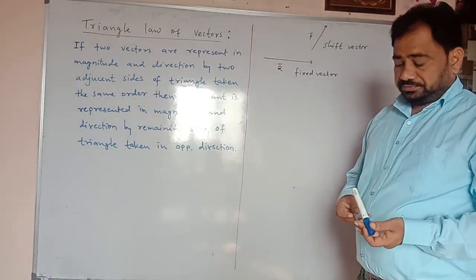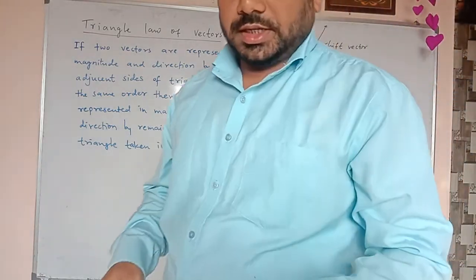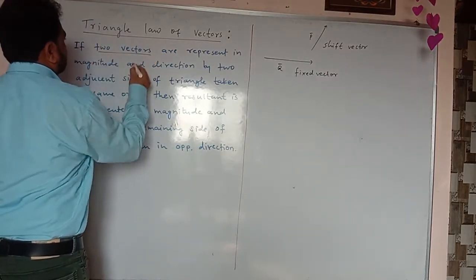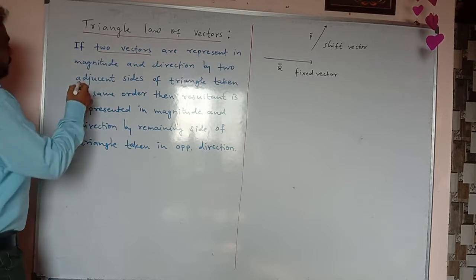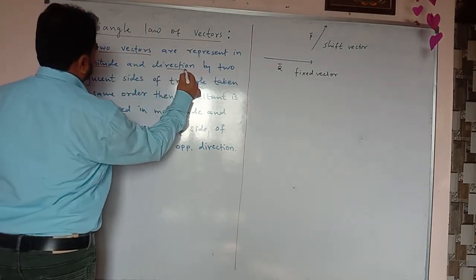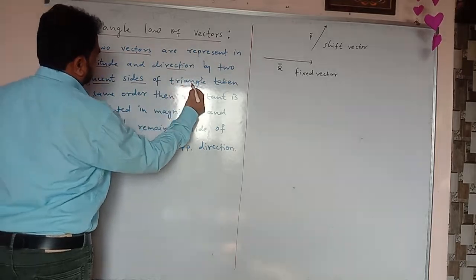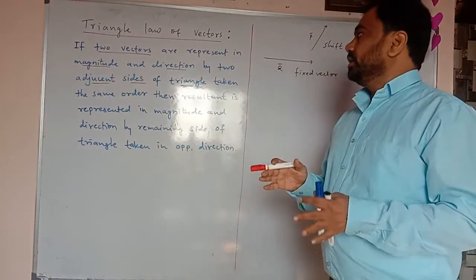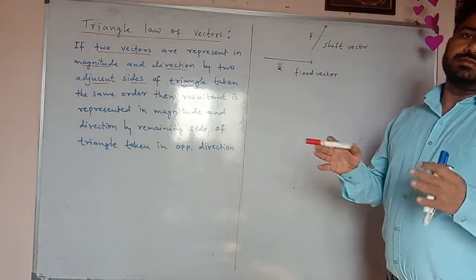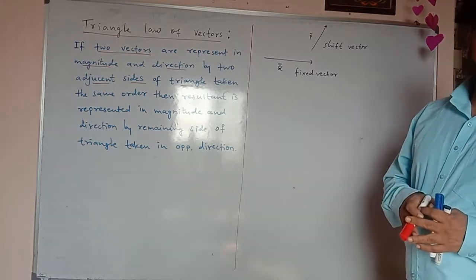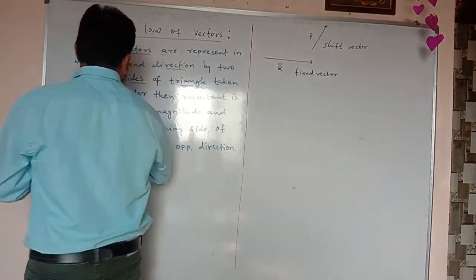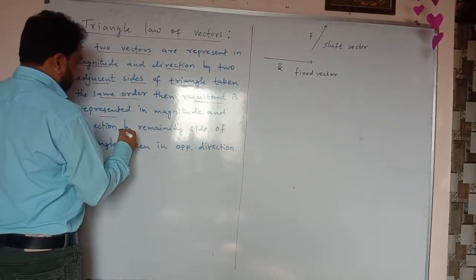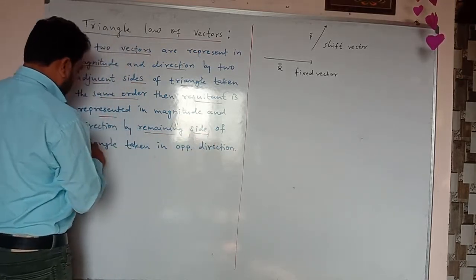See here, a statement is here, and that statement is: if two vectors are represented in magnitude and direction by two adjacent sides of a triangle, taken in the same order, then the resultant is represented in magnitude and direction by the remaining side of the triangle. So suppose two vectors are given to us, and they are two adjacent sides of the triangle.